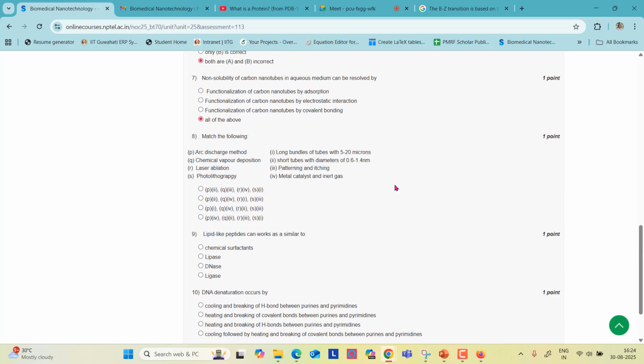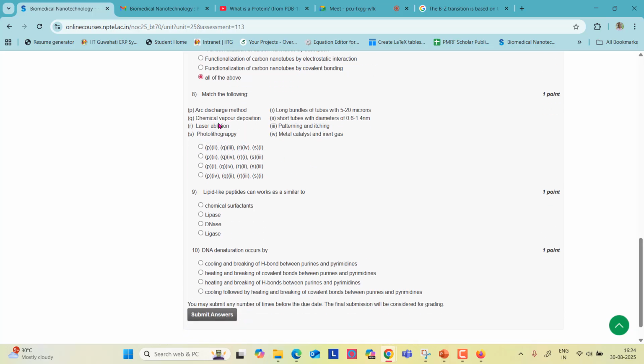Next is the match the following question. Arc discharge method, chemical vapor deposition. So we'll do it this way. Photolithography is related to patterning and etching, right? So A will be 3. Then comes the arc discharge method.